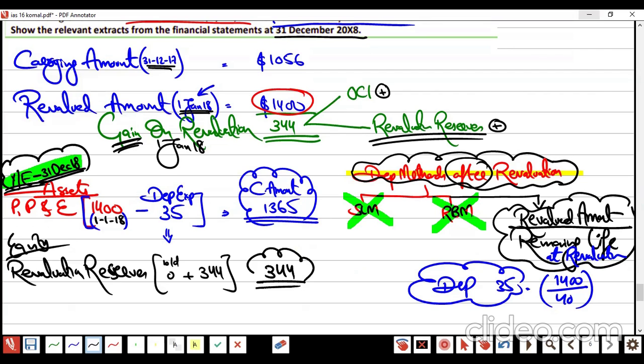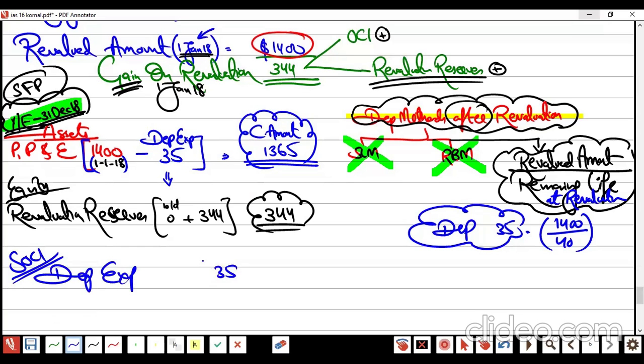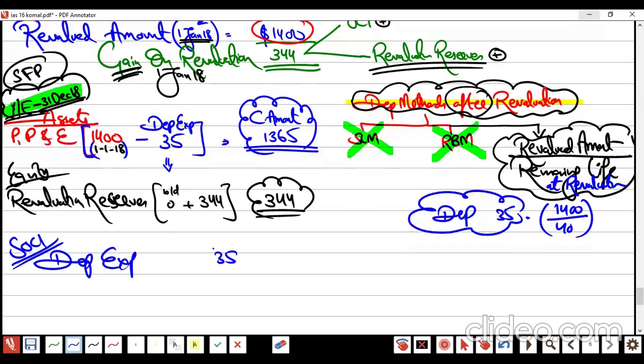Any problem? In the SOCI, we have depreciation expense. Underneath it, we have a heading of OCI, in which we will write gain on revaluation, which is 344.